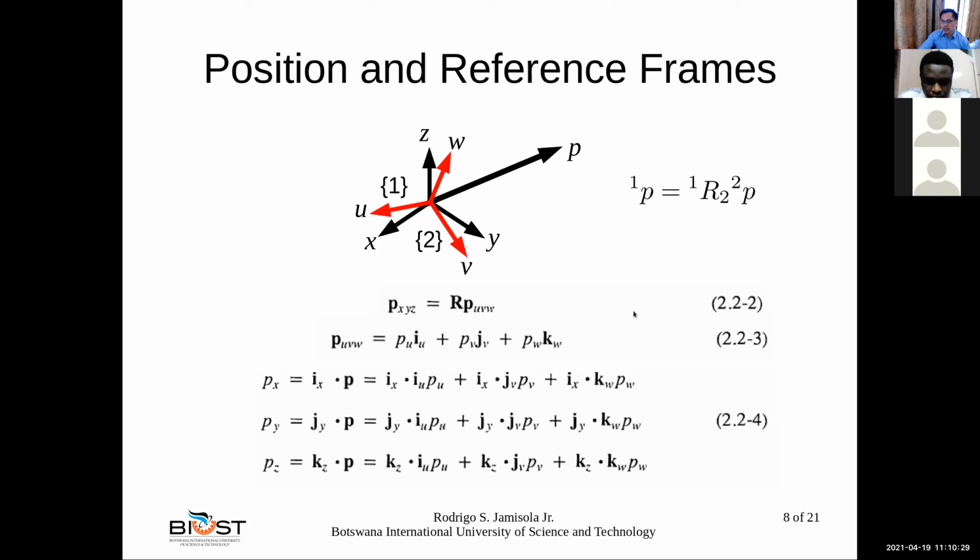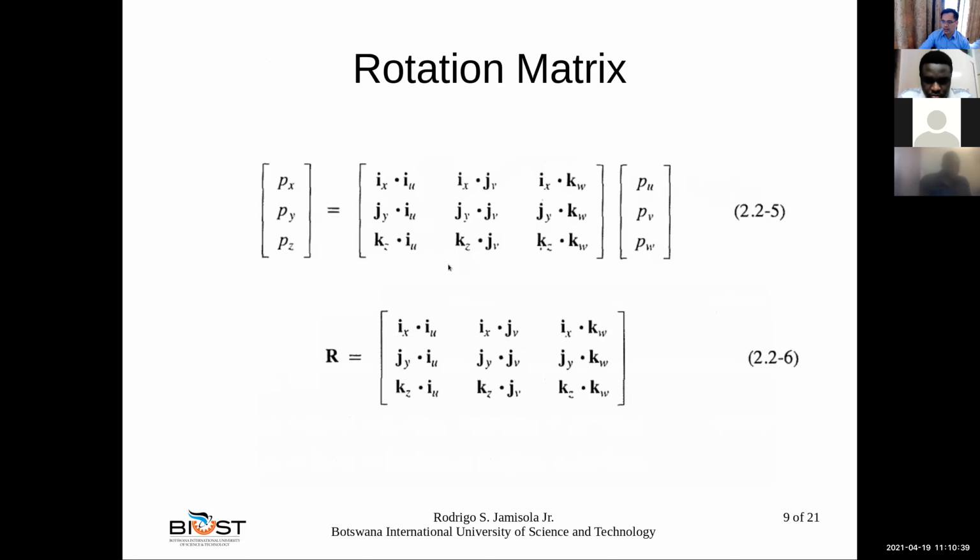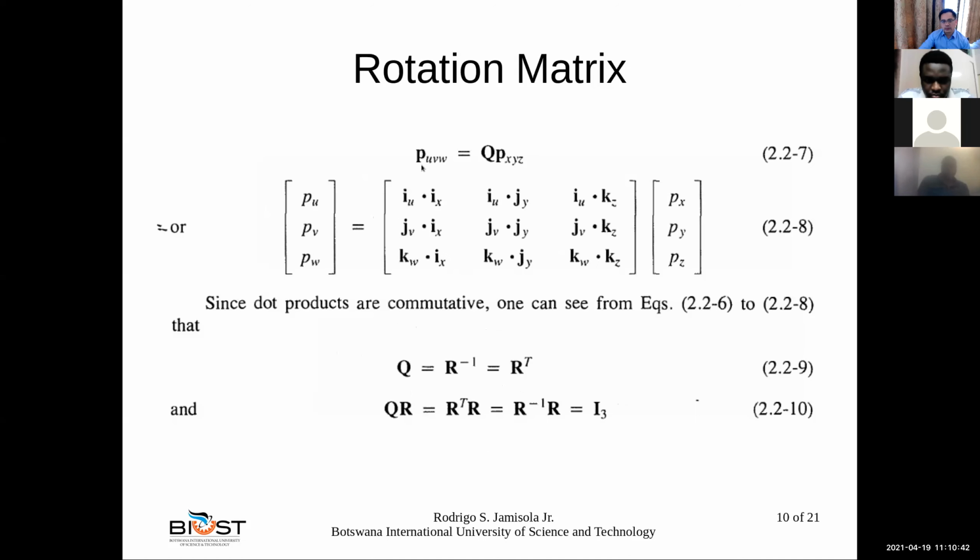And we can also do the same thing the other way around. Instead of x, y, and z, we can express the same vector with respect to u, v, w. If you express it with respect to u, v, and w from p of x, y, and z, then there's another rotation matrix that can define that relationship.